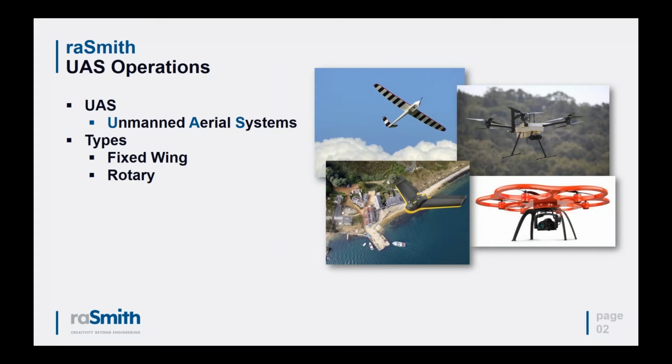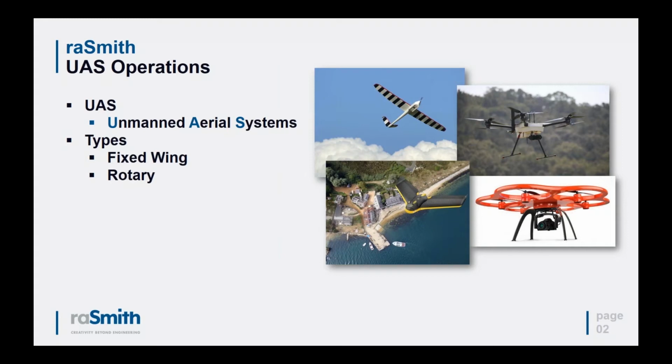From an raSmith standpoint, we run all rotary aircraft at this point in time, but fixed wing may be something in our future, depending on the types of applications that we run into.